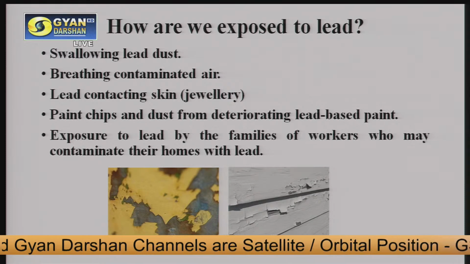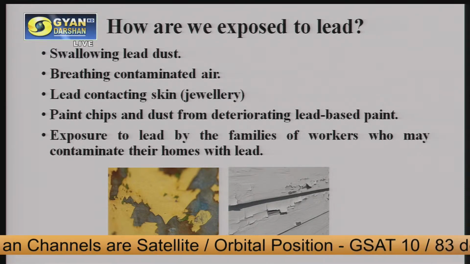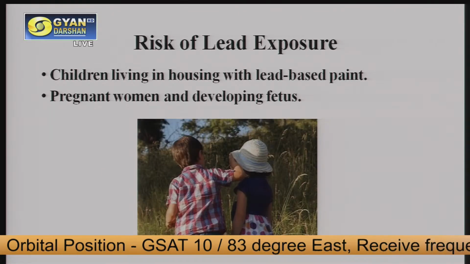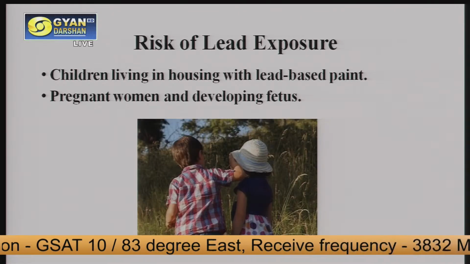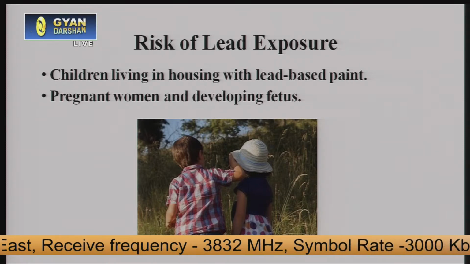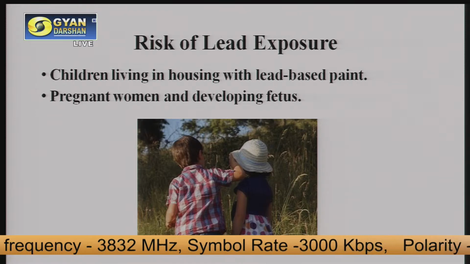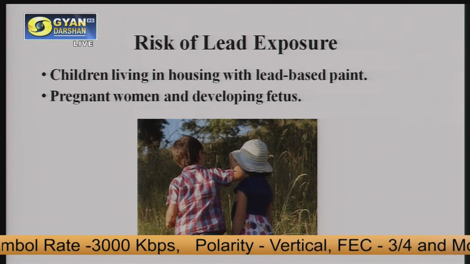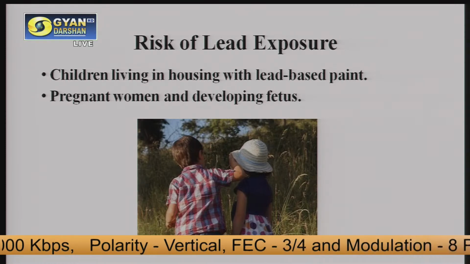There can be paint chips that you can inhale while removing a lead-based paint. Children are at the highest risk of inhalation of lead-based paint, and a pregnant woman with a developing fetus is also at high risk of exposure, as she can pass on the lead to the fetus that is growing within her.